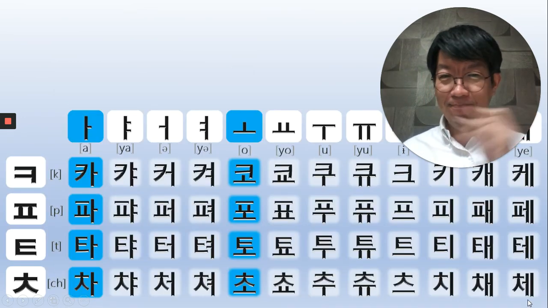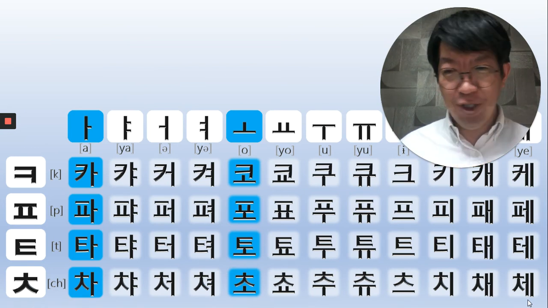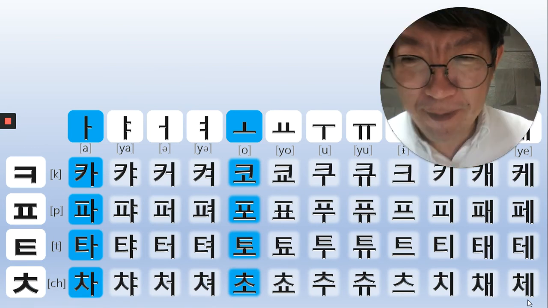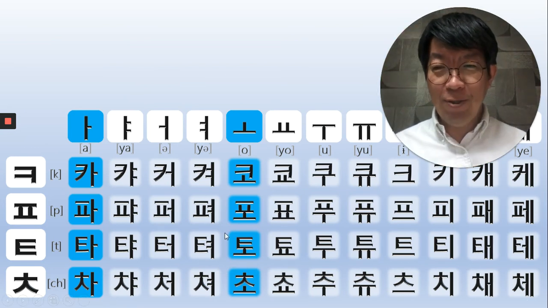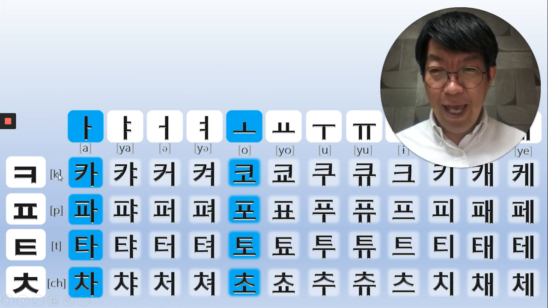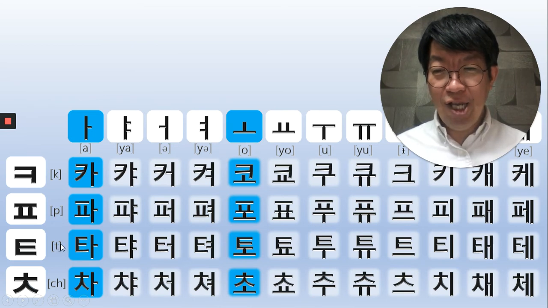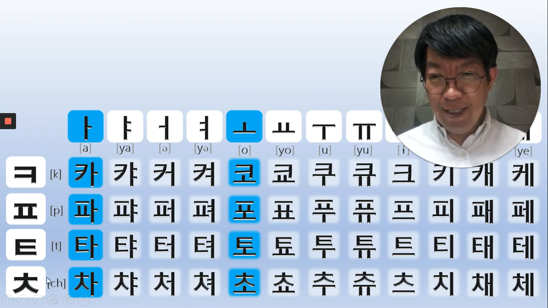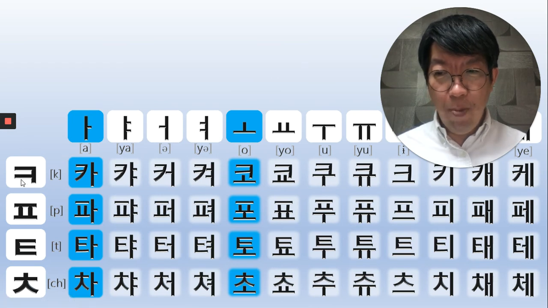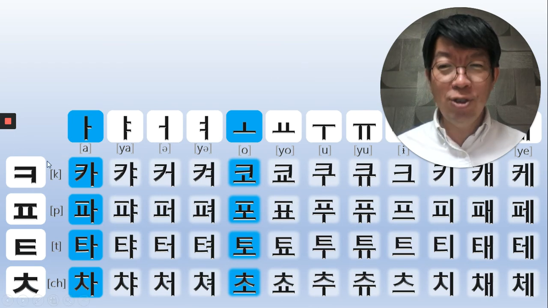So as you see, with aspiration, strong air comes out from your mouth. That is different. Maybe I need to put kh, ka, ph, pa, th, ta, chh, cha. So for consonants, when you put one more stroke, that makes the consonant strong.